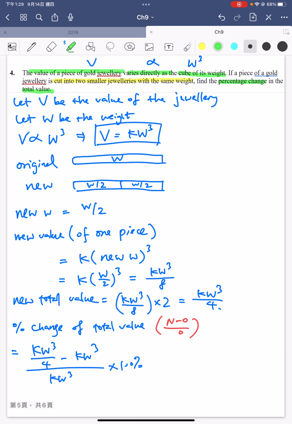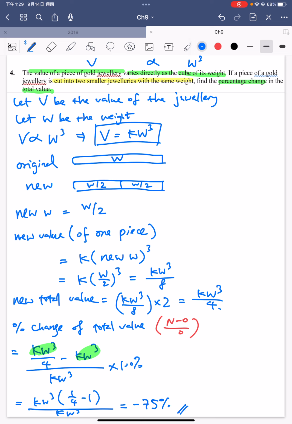Then we can take out our common factor KW cubed. What we are left with is KW cubed times 1 over 4 minus 1, divided by KW cubed. Then for this 1 over 4 minus 1, the answer should be minus 75%, using your calculator to calculate it.